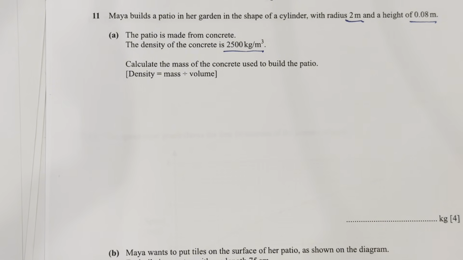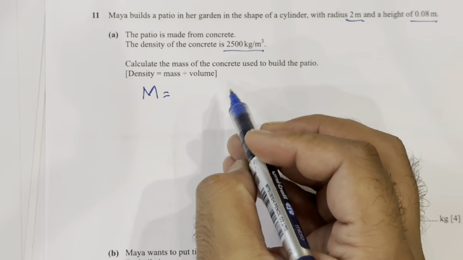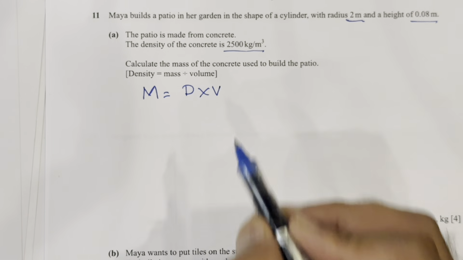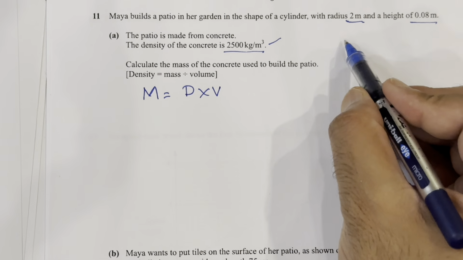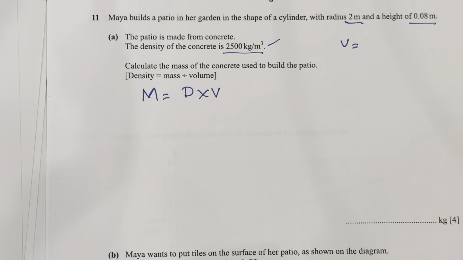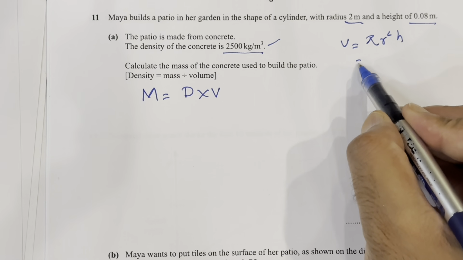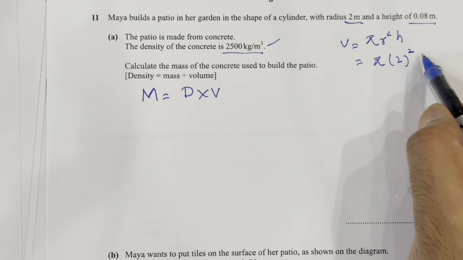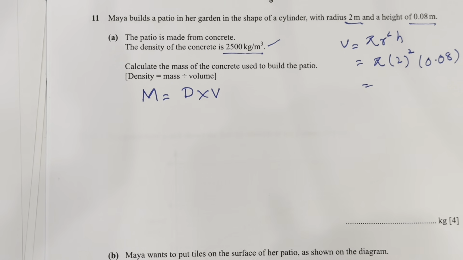And the formula is also given. Density is equal to mass over volume, and the formula for the mass would be density into volume. So density is given, but we need to calculate volume first. The formula for the volume of cylinder is pi r square h. Pi, and the value of r is 2 and the value of h is 0.08. We're gonna solve it in the calculator.